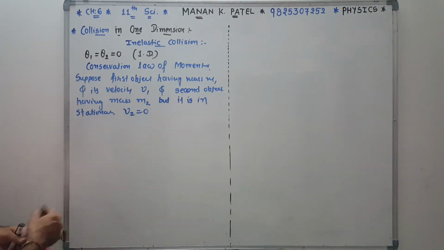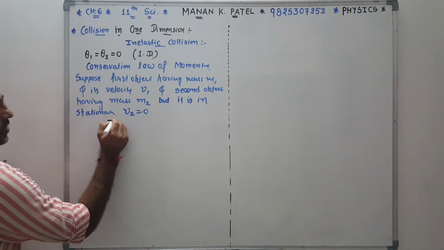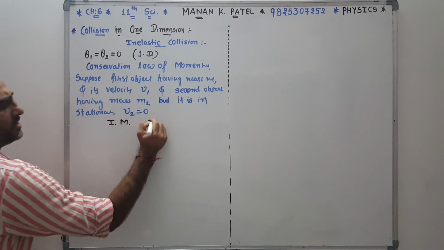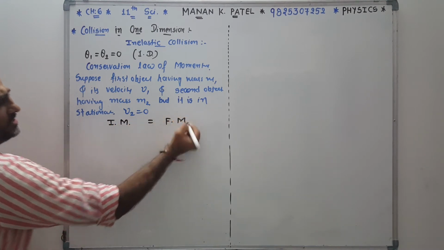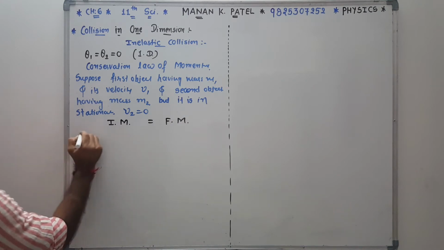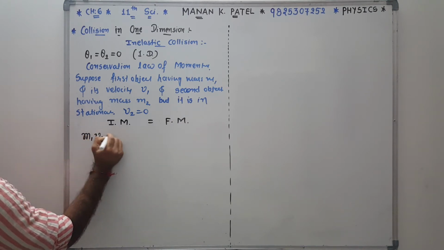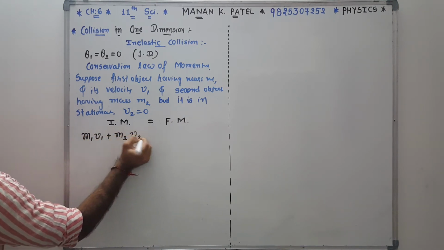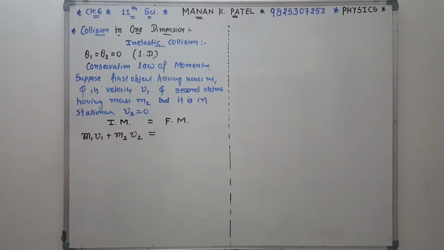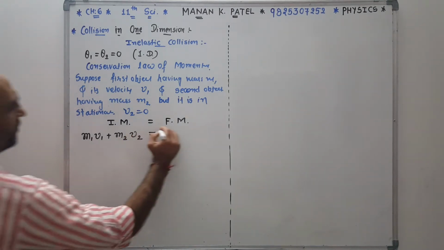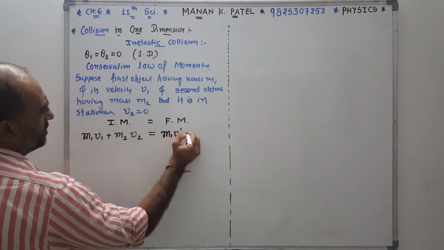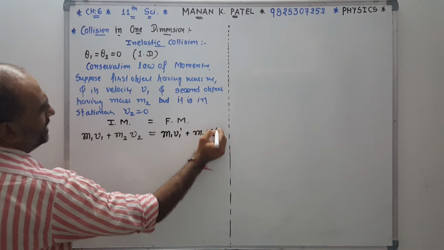So by the momentum conservation law, initial momentum is equal to final momentum. Initially m1 v1 plus m2 v2 equals m1 v1 dash plus m2 v2 dash.